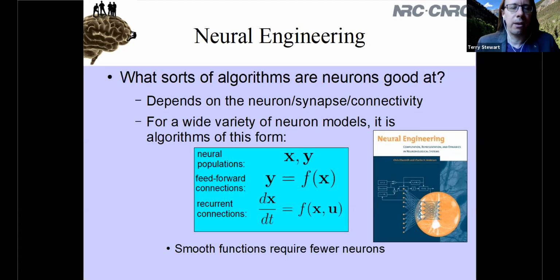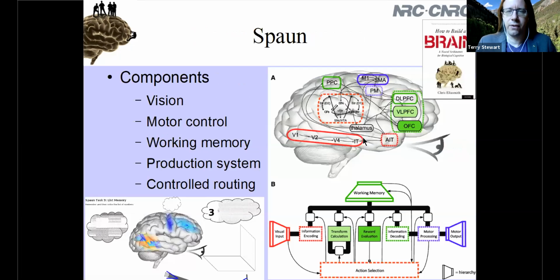We can make that mapping. It's a relatively automated process, and you get this nice thing where the smoother the function is, the fewer neurons you need to approximate it to a certain degree of accuracy. And by smoother, I mean how well it's approximated by low-degree polynomials. So that's sort of the background of where I've been coming from, and that's been relatively successful.